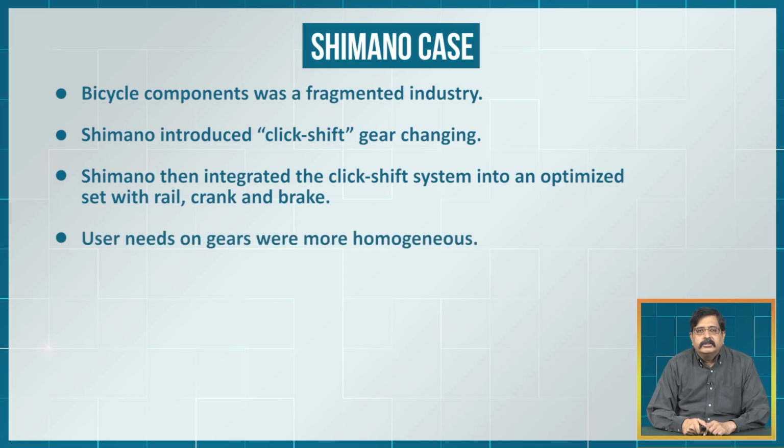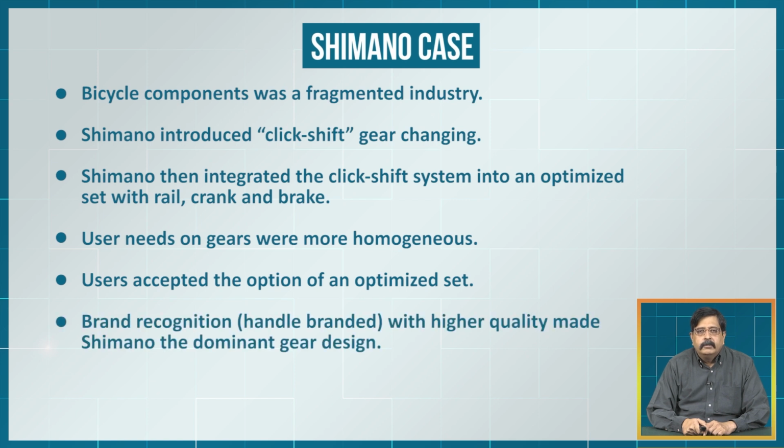What they realized was that the user needs on gears were far more homogeneous than they were thought by manufacturers. Users accepted the option of an optimized set instead of going for individual components bought from different manufacturers, which could be a suboptimal set. They had branding on the handle of the bicycle.